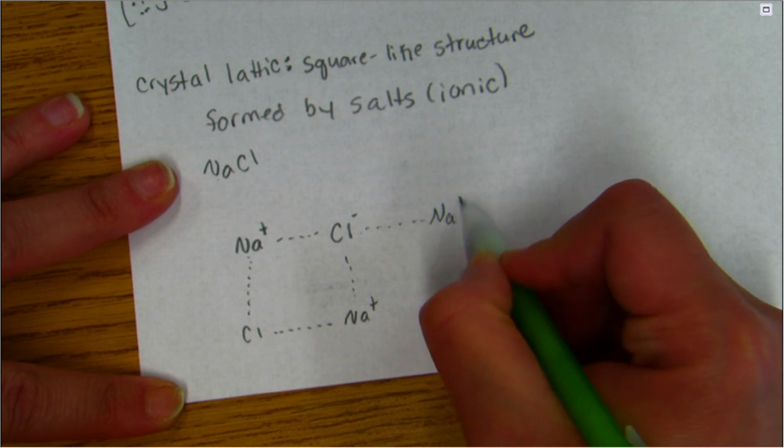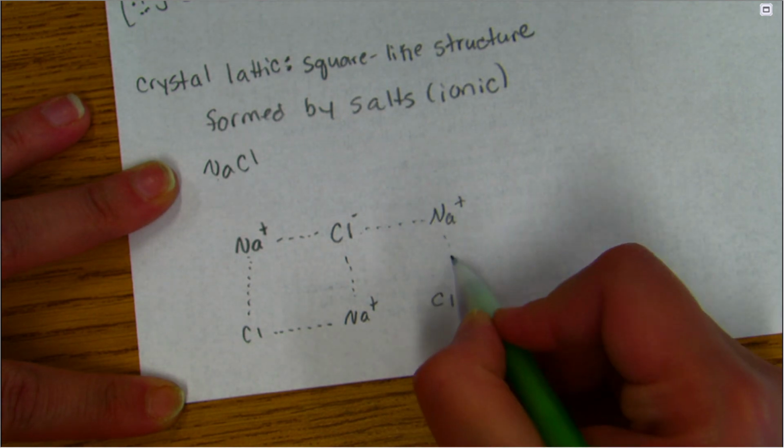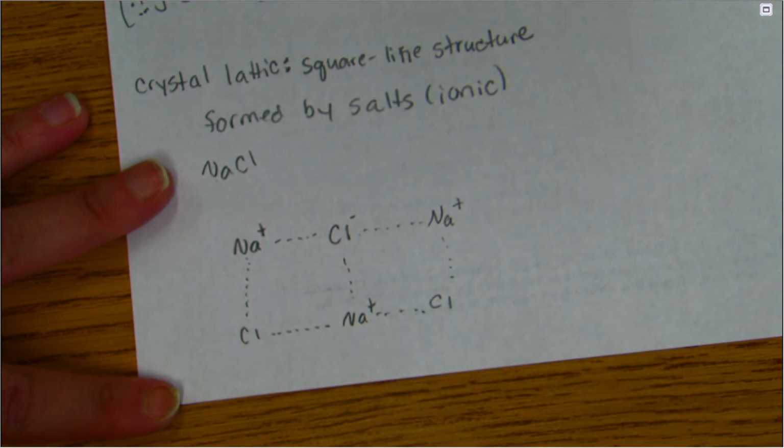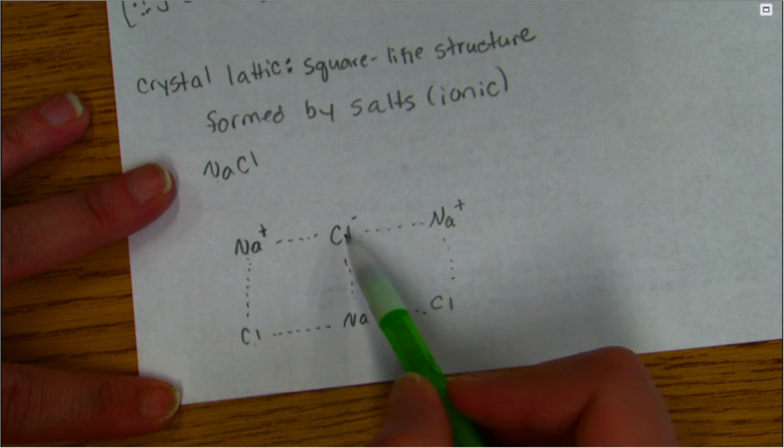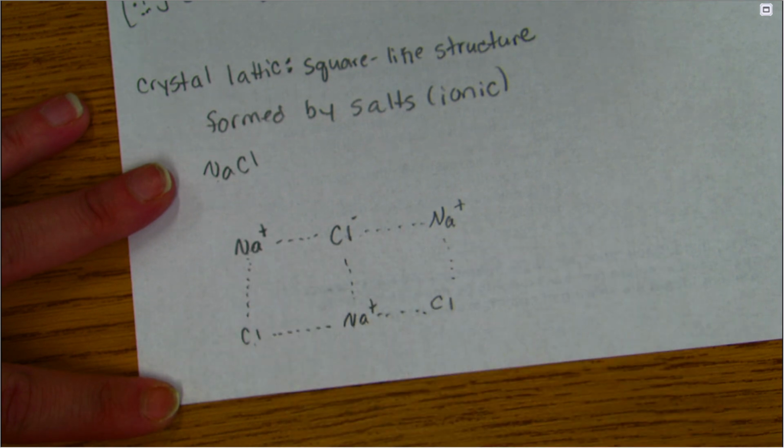We got a sodium here, there'll be a chloride here, okay? And what we end up forming is this 3D structure where we have positive attracted to negatives, negatives attracted to positives.